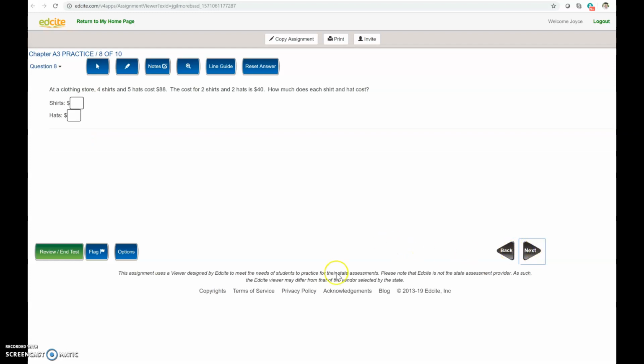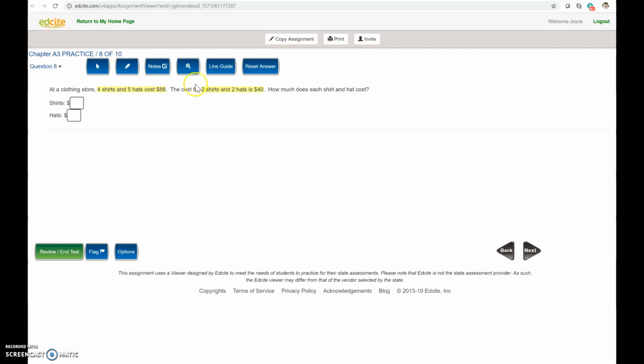Okay, again, I want to reassure you, the word problem on the test is very similar to this. Basically, this first sentence is your first equation, and the second sentence is your second equation. So your equations are 4x plus 5y equals 88.